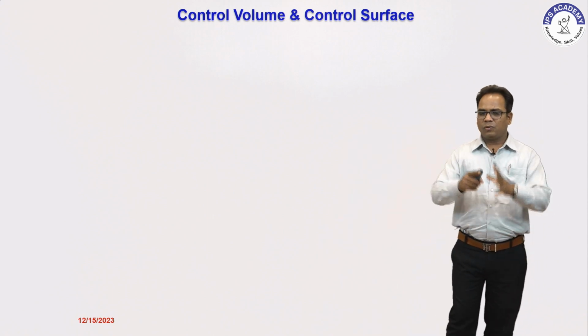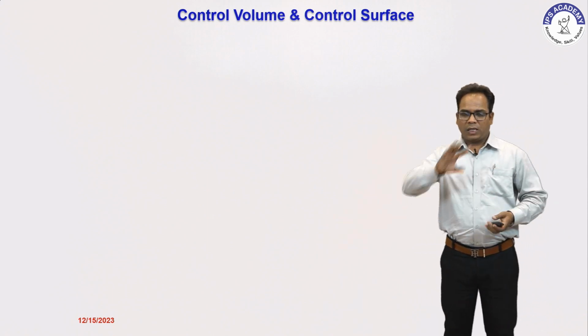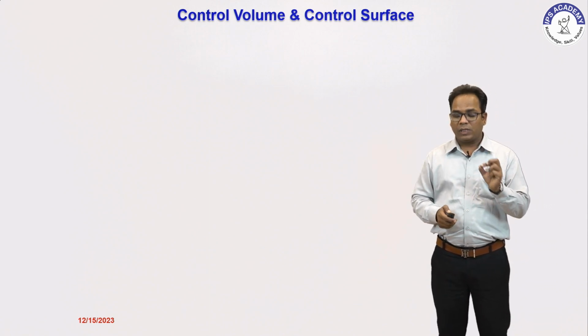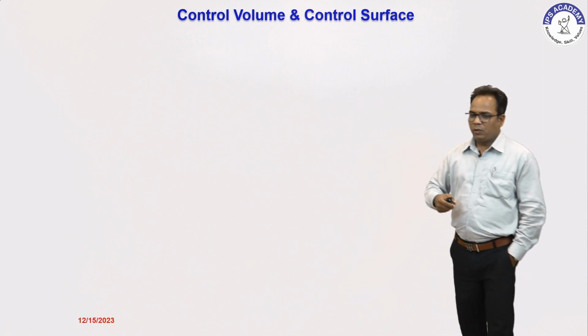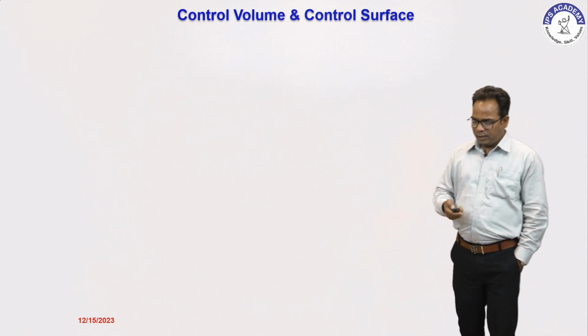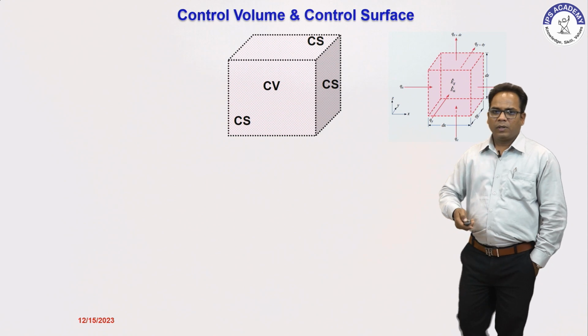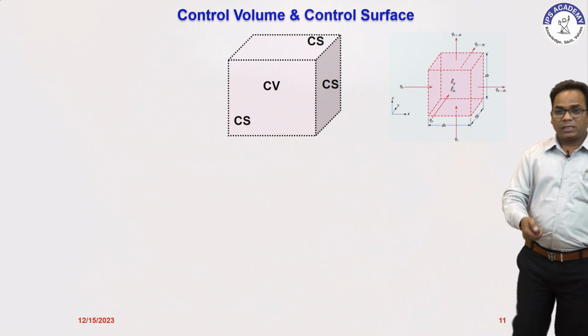It is surrounded by an imaginary boundary, which is known as the control surface. So this is the control volume, and this is the control surface.